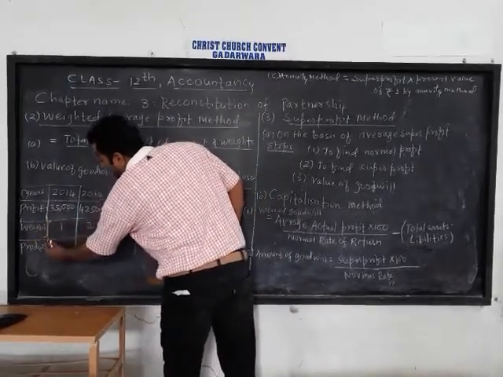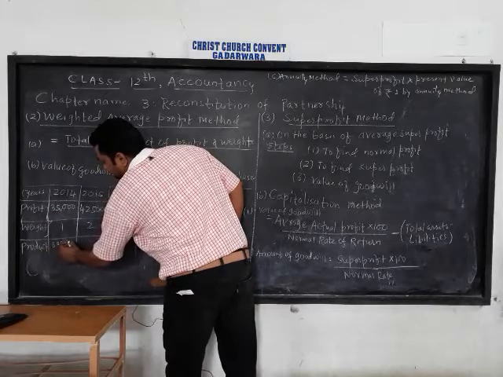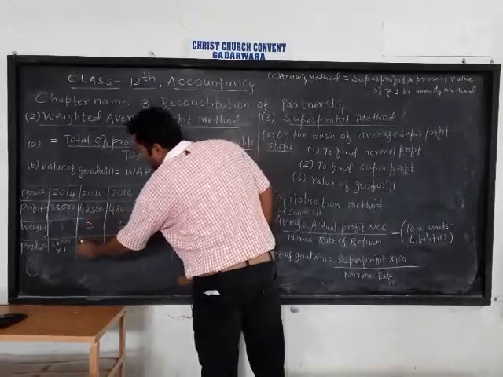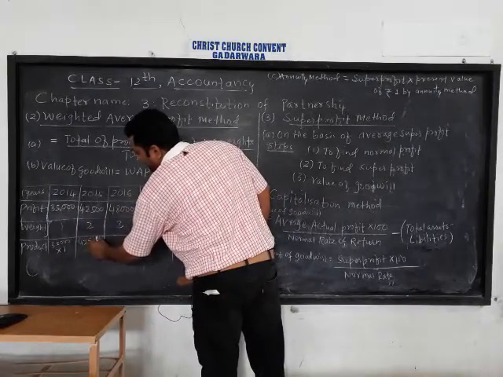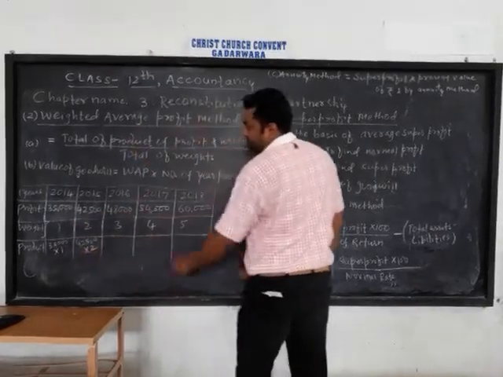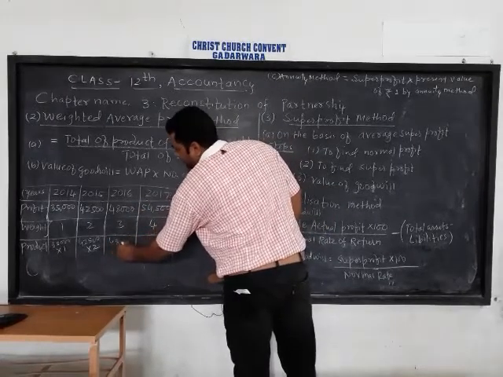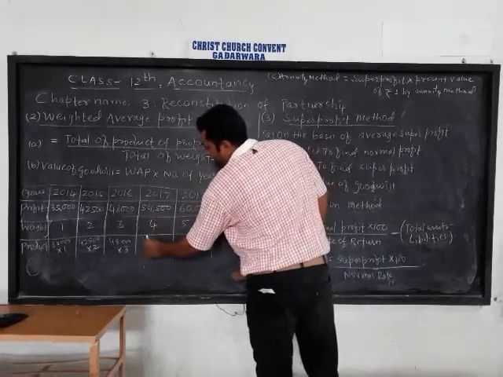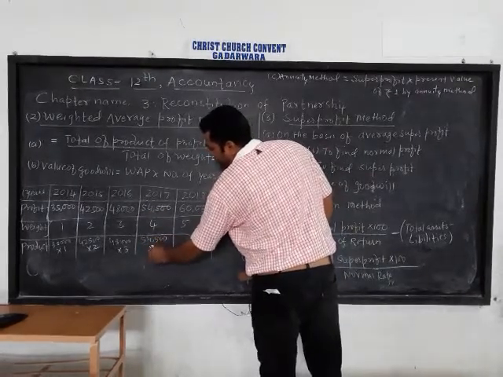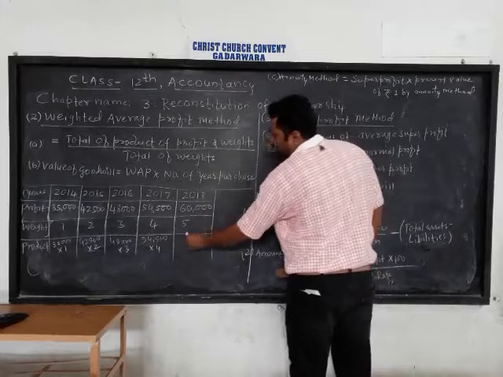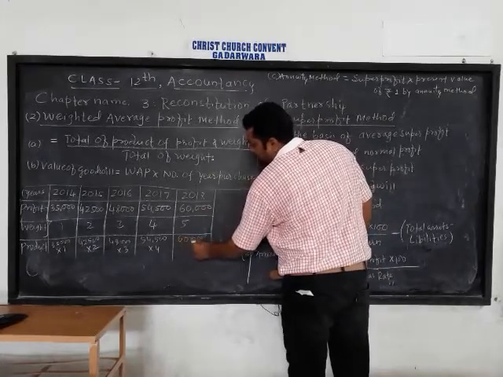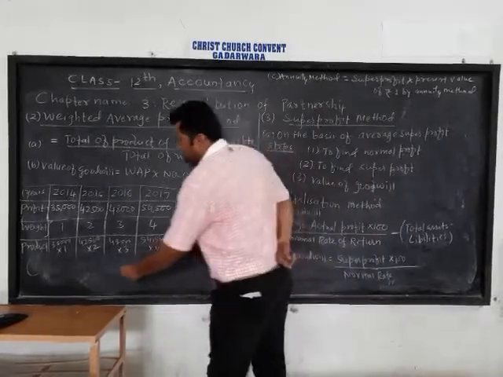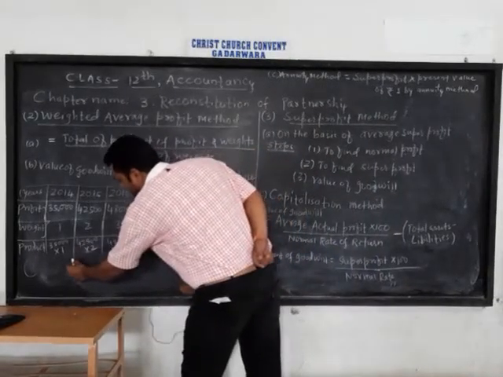35,000 multiply 1. Here 42,500 multiply 2. 48,000 multiply by 3. 54,500 multiply 4. And 60,000 multiply 5. It comes to 85,000.